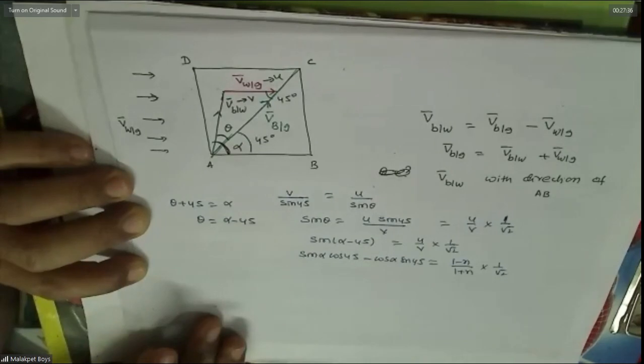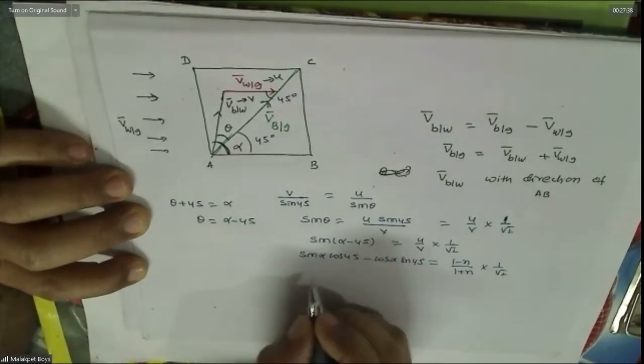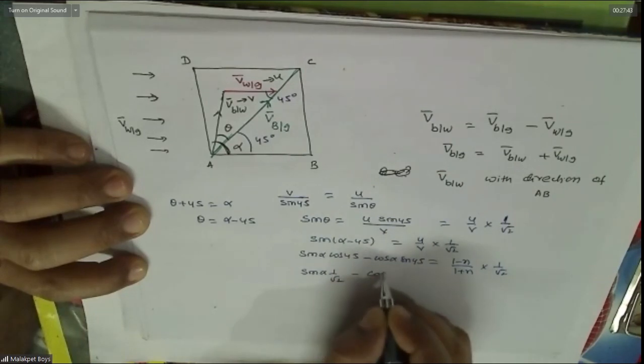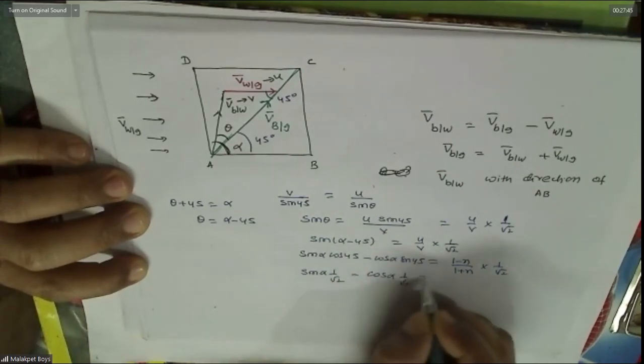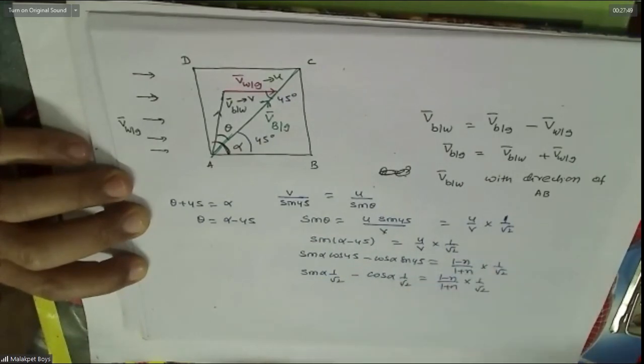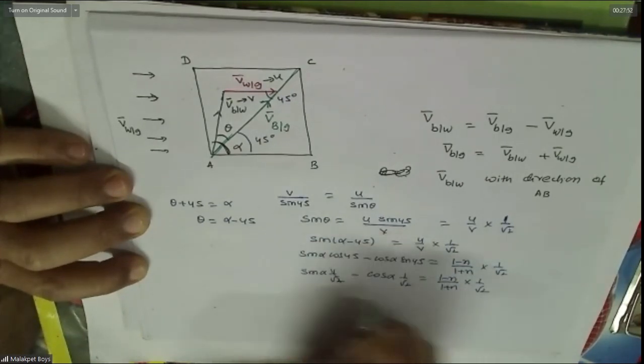Do you agree? This is sine alpha into 1 by root 2 minus cos alpha into 1 by root 2 equals (1 minus n) by (1 plus n) into 1 by root 2. So this will get cancelled throughout.